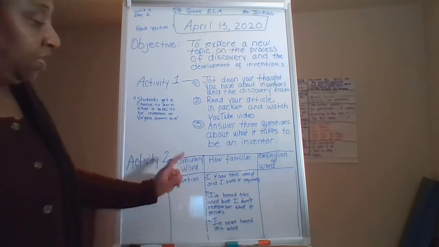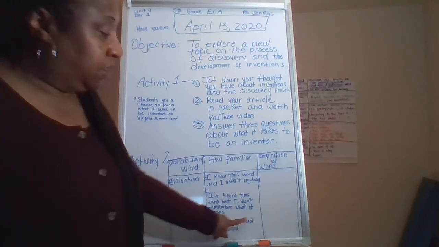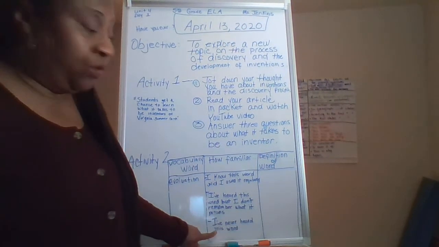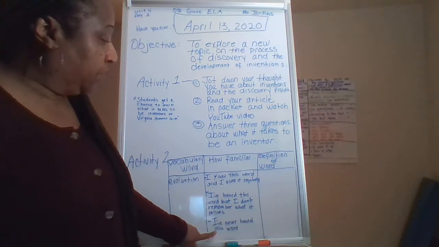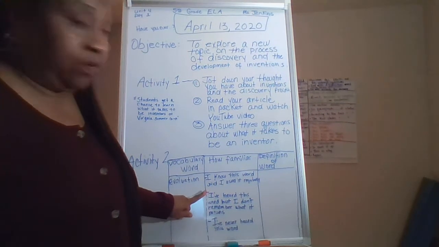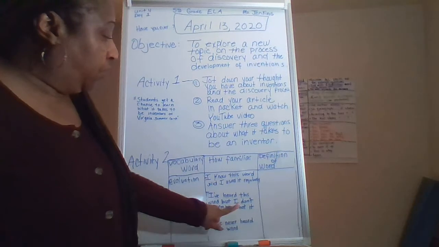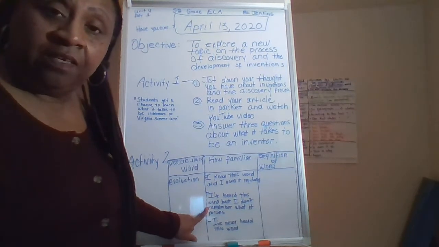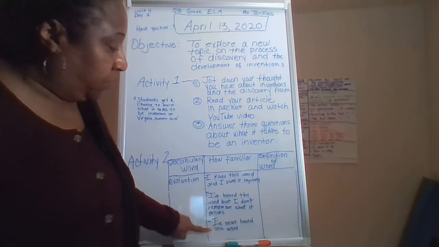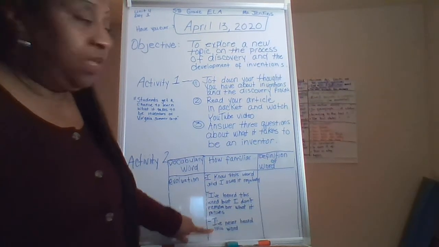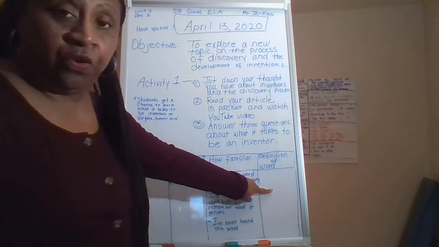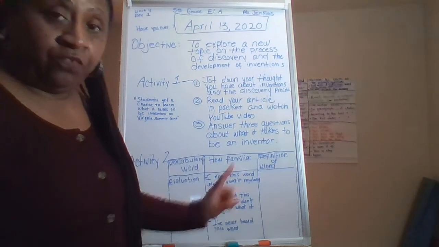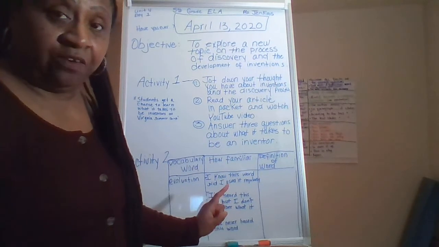Okay? If you highlight option 3, I've never heard this word, or if you choose option 2, I've heard this word, but I don't remember what it means, if you highlight either of these two, I want you to go to the third column. First, I want you to look up the word in the dictionary.